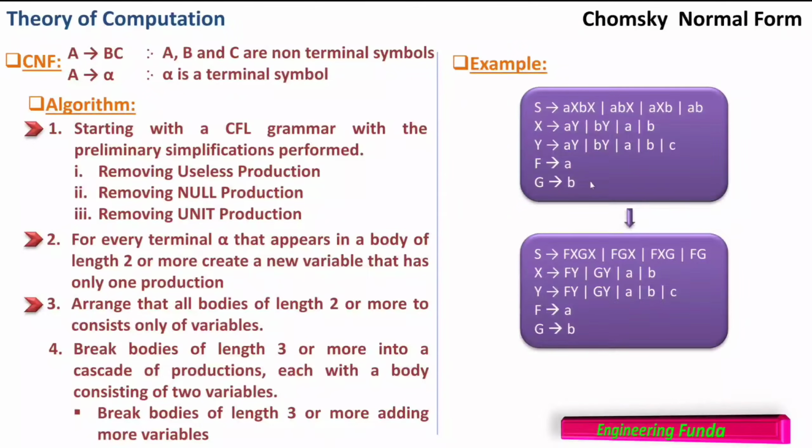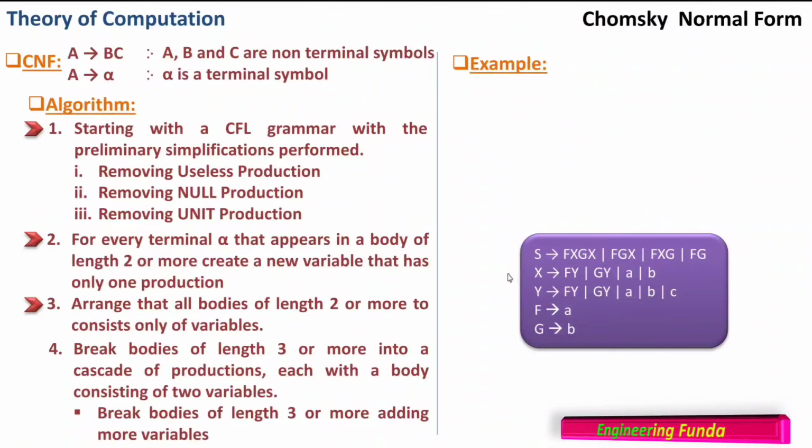And this whole grammar is now converted so that on the right-hand side it contains only variables or a single terminal. So we are moving ahead in converting it into the form where the right-hand side is either two non-terminals or a single terminal. Currently we have achieved the second part, where it is a single terminal.